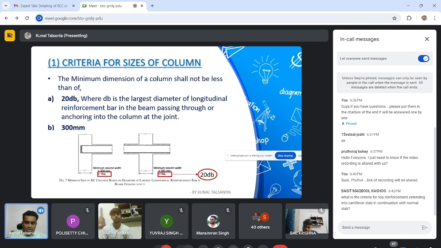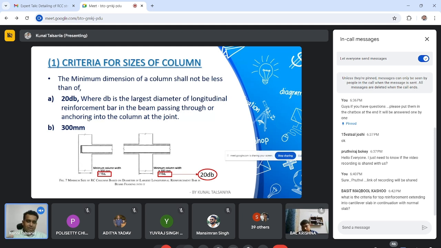So when you are using 16 mm Tor steel in the beam, you have to ensure that the width of column is 320 mm. The code has given this clause, but for 16 mm it is not possible that they will provide 320 mm shuttering. So in majority of structural consultant practice, for 16 mm, 300 mm is allowed. 320 is next to impossible.